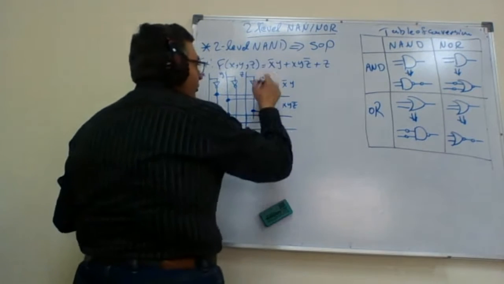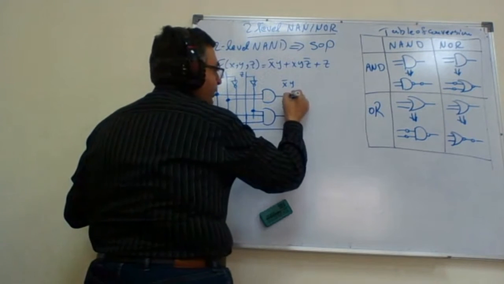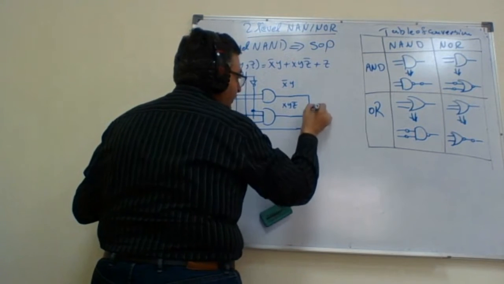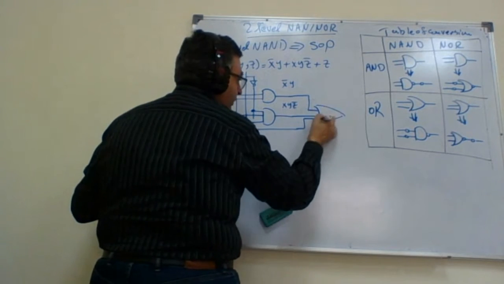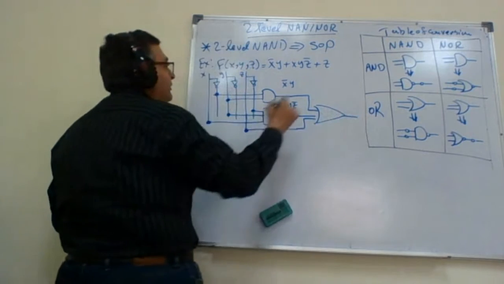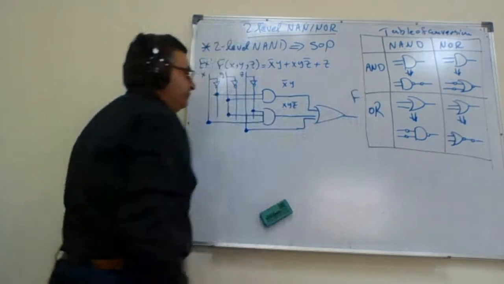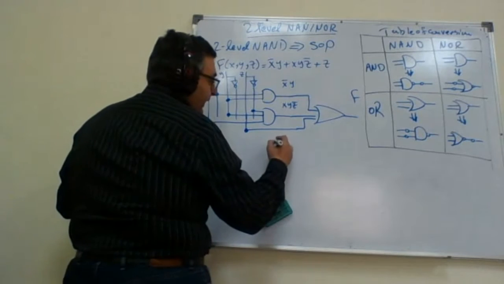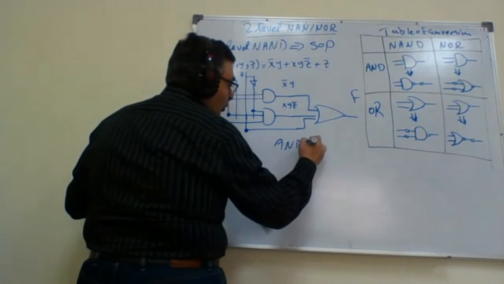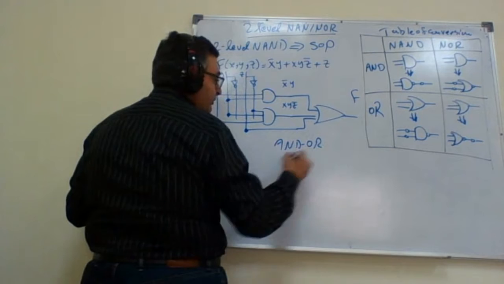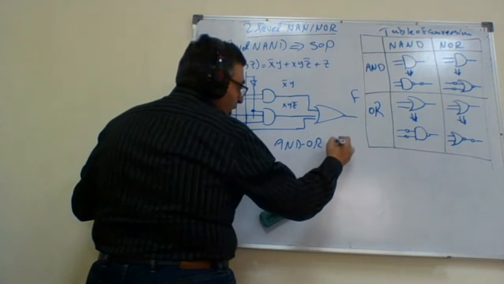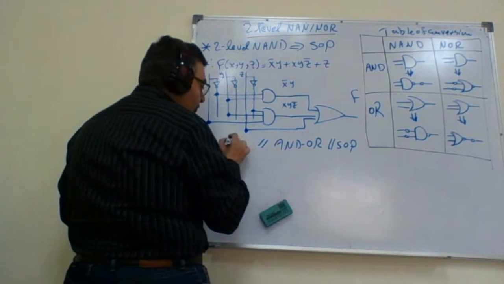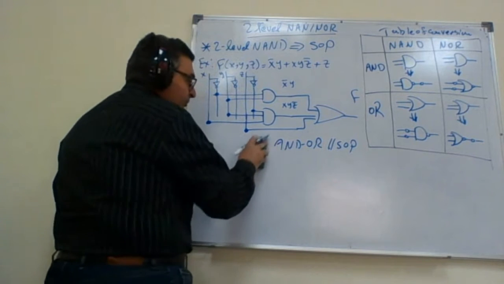Then those three terms are connected through an OR gate. So I have an OR gate here connecting those to give me the function F. This implementation, which we call an AND-OR implementation of the circuit, or SOP implementation, another name, or two-level implementation.